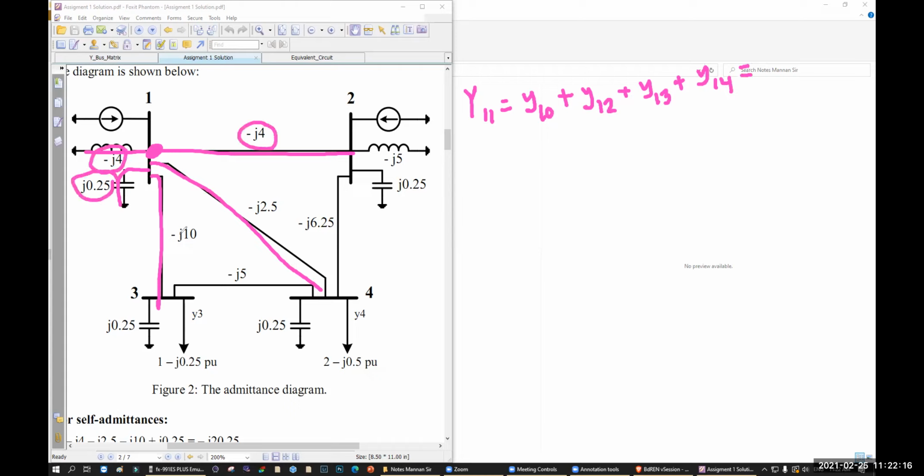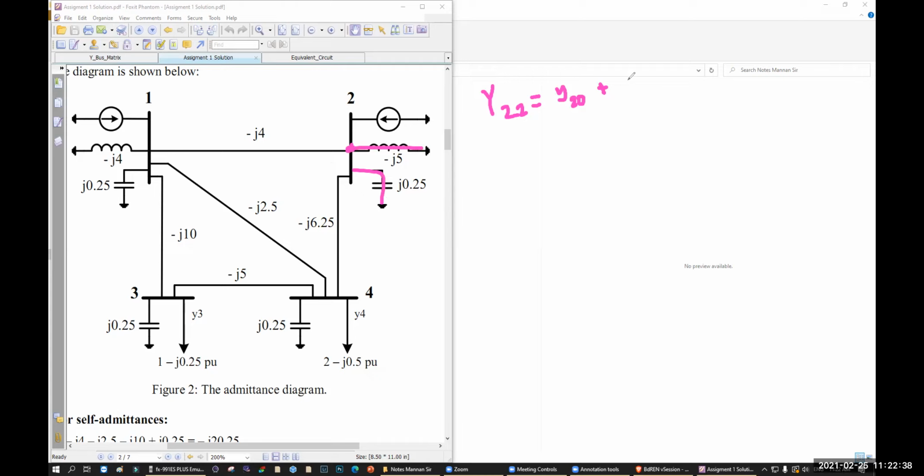Now Y22. Again, this is your bus number 2. So you will have small Y20. 20 means what? This plus this. Then Y21. Which one is 21? This one is 21, right? 2, 4. Then you have 23. See, you do not have any 23, right?